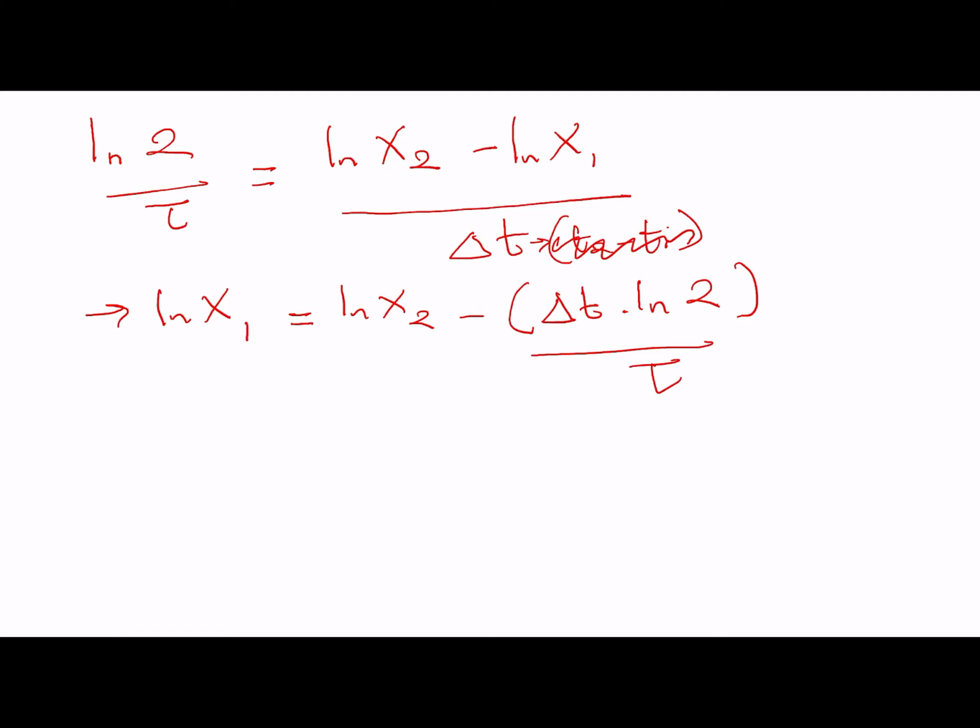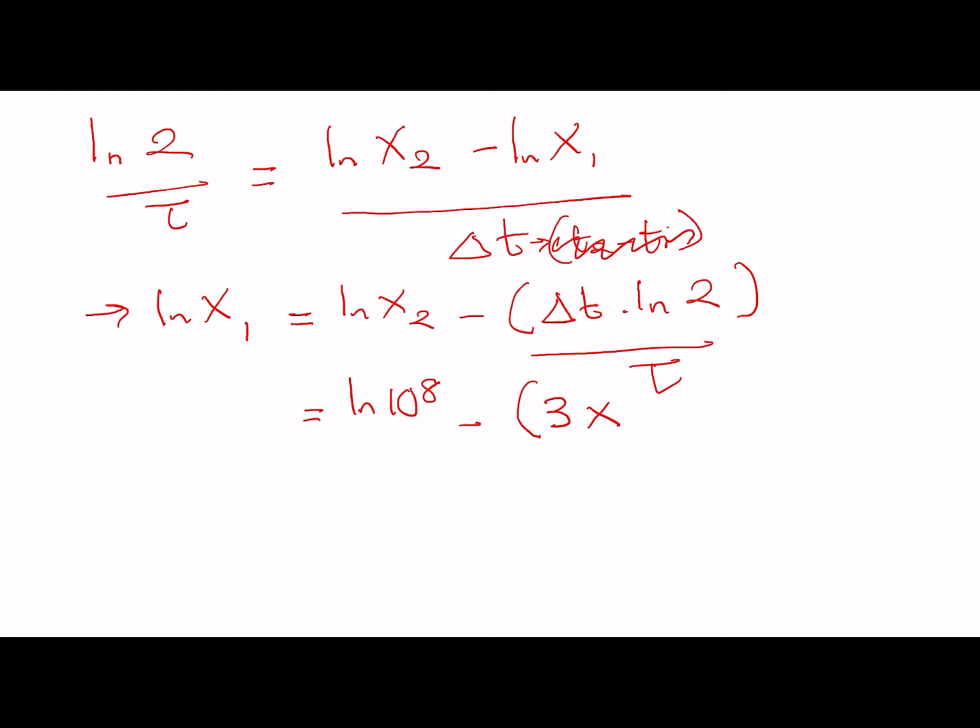So all we then need to do is substitute the parameters we've got. Remember, the final number of cells is 10 raised to power 8. So ln 10 raised to power 8 minus change in time. Remember, it's for the whole period, so 3 hours. 3 multiplied by ln 2.